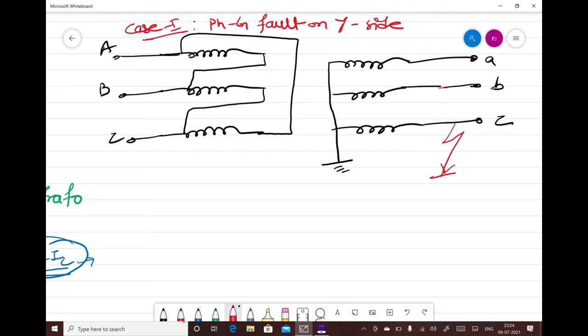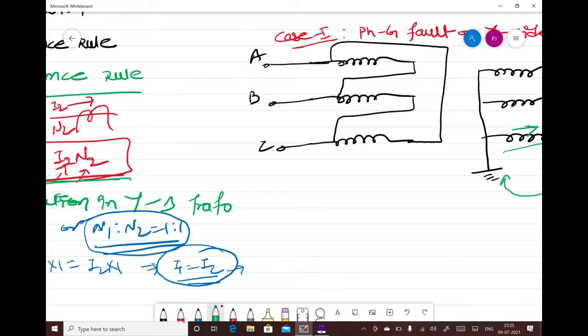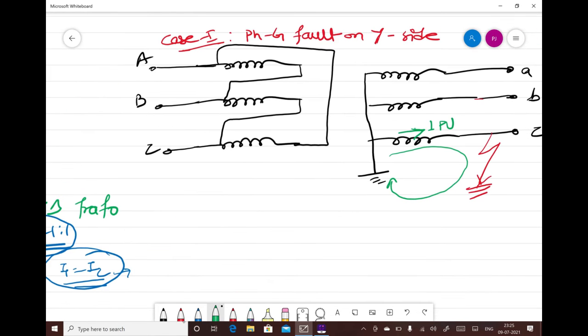So this is a fault on the star side, and there will be a current flow like this. Suppose this is the current flowing in this winding, and suppose the magnitude of this current is 1 pu. Because of our assumption of a 1:1 turns ratio, the corresponding 1 pu current will flow in this winding also.